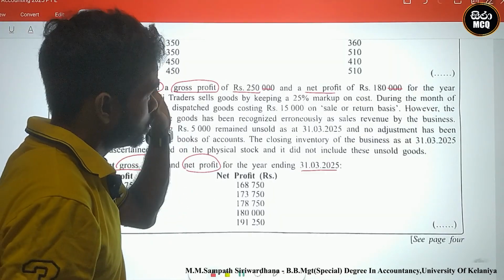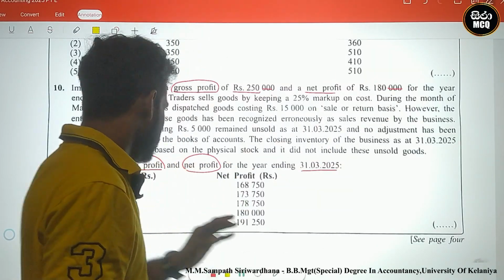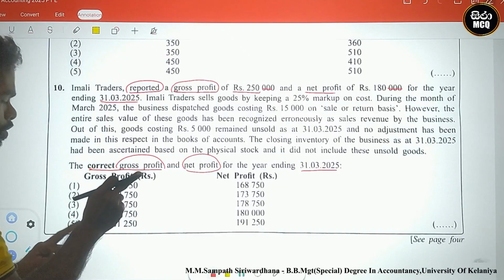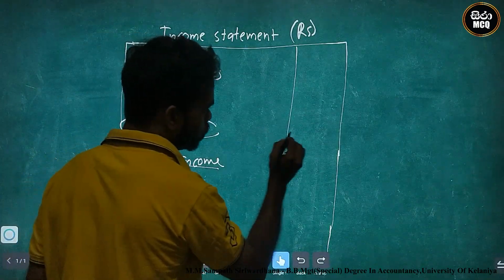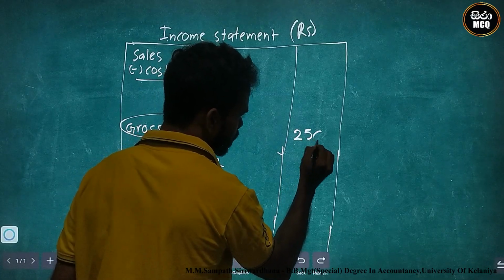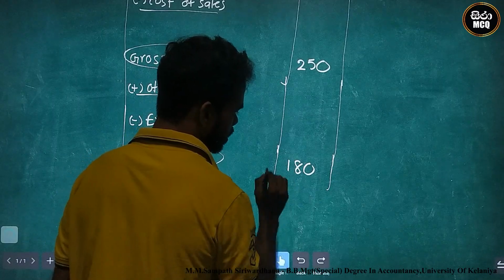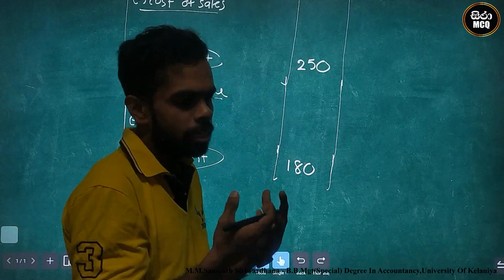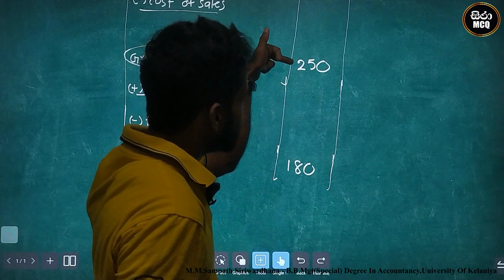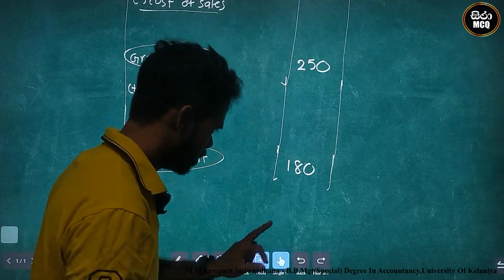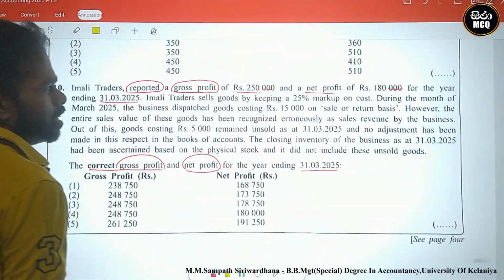We must include these 250 and 180. Gross profit is 250, net profit is 180. These are the already calculated gross profit and net profit. These are the incorrect values. Why? This is the question. There are some errors identified.